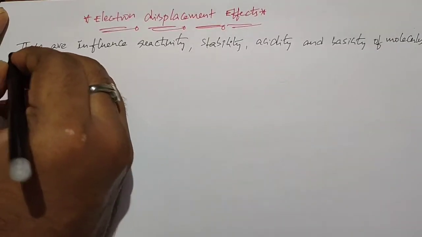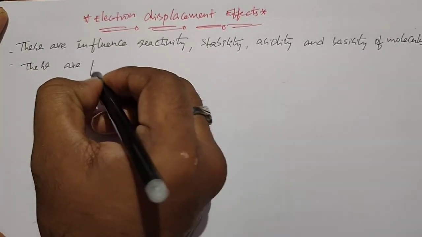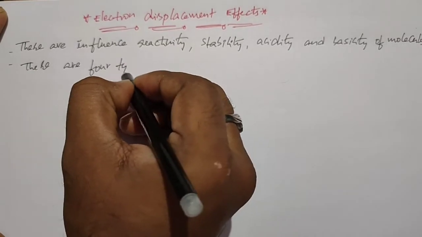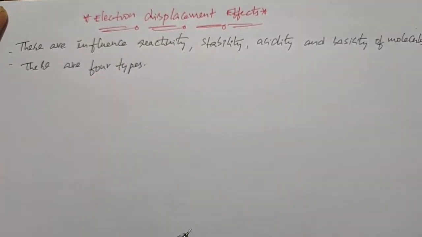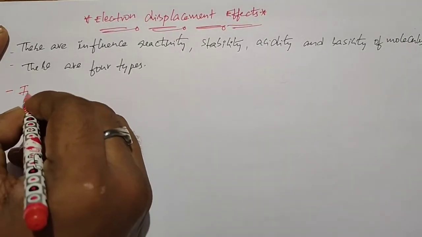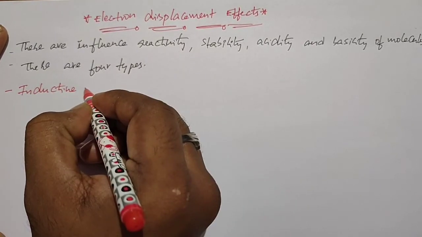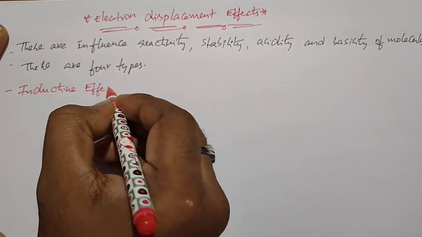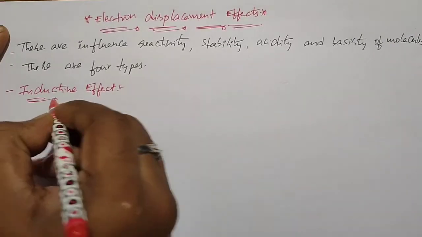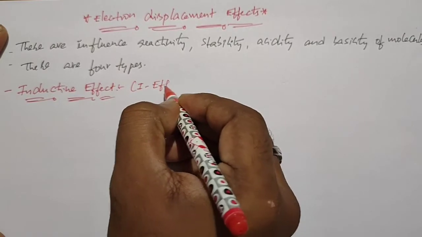So these are four types, and we will discuss one by one. In that, the first one is the inductive effect. This is also called the I effect.